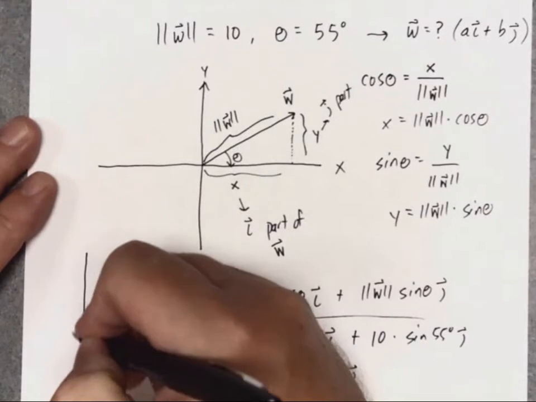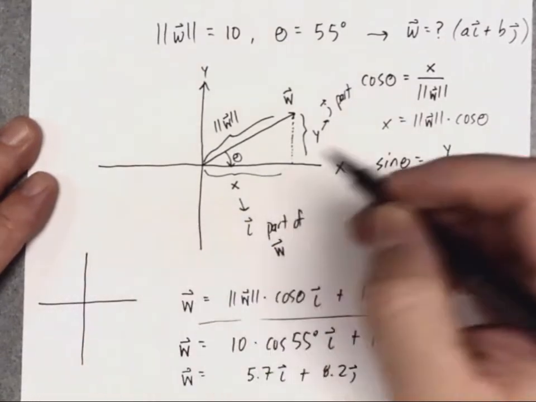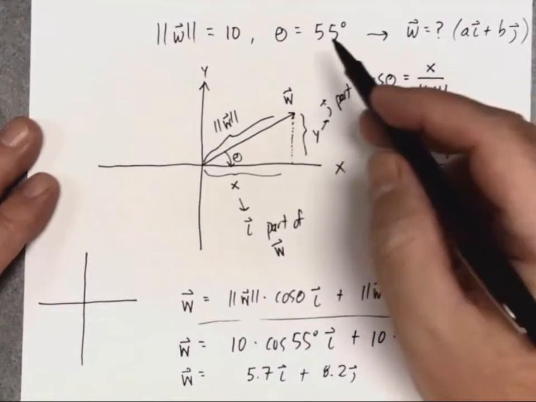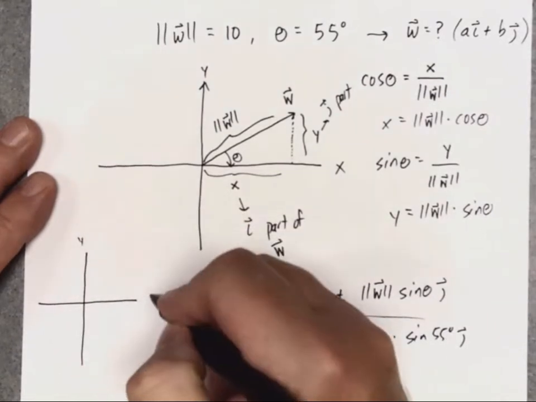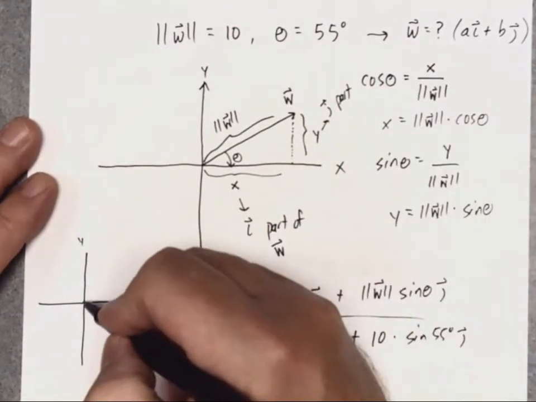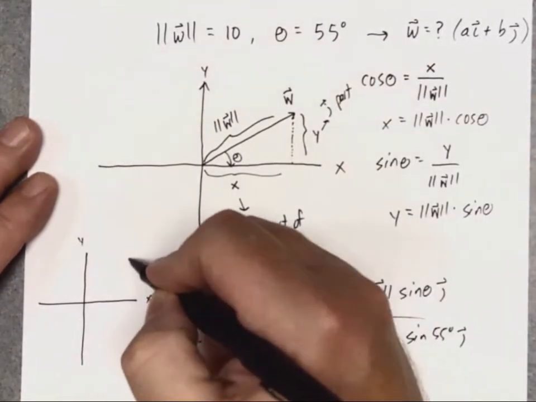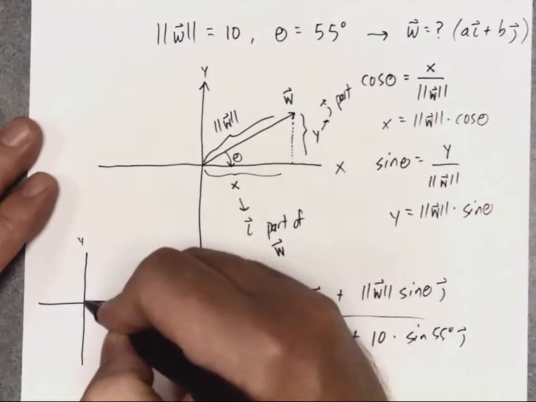And just for fun, I encourage you to check and see if this looks like a reasonable answer, although sometimes even I forget. Let's try and sketch this. 55 degrees, halfway diagonal is 45, 55 is maybe like this.